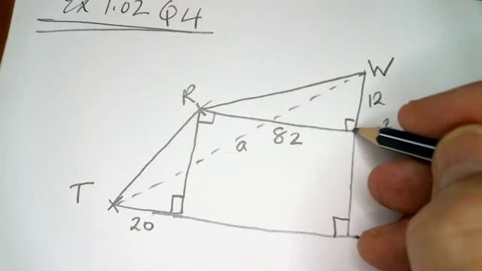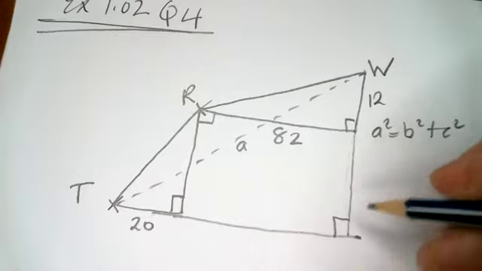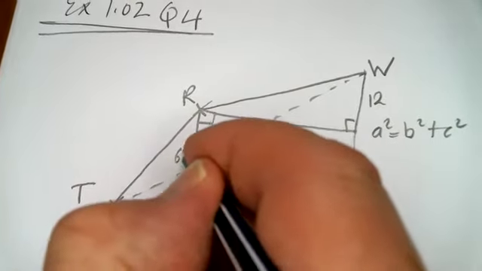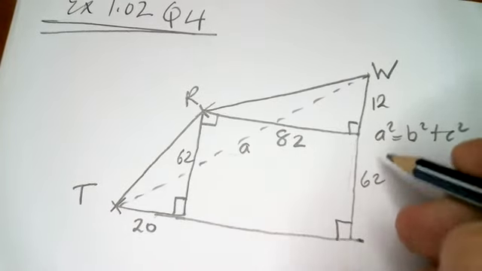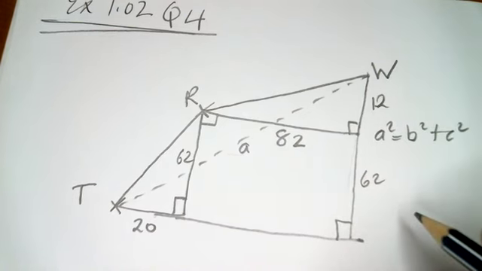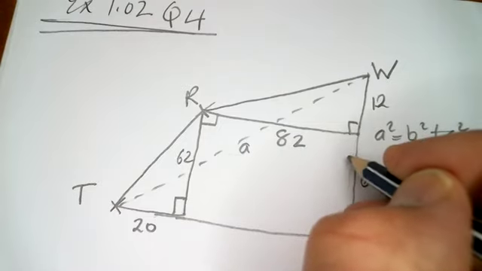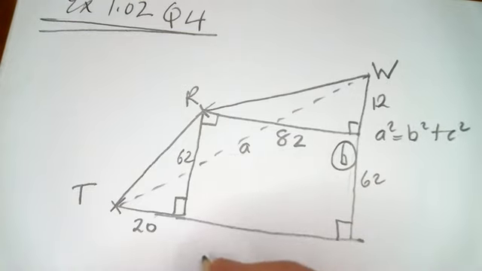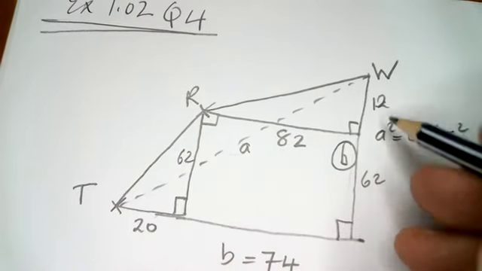We know that this distance here is 62 kilometers, because Taupo is 62 kilometers south of Rotorua. So this is 62, and the total distance here is 62 and 12, which is going to be 74. Let's call this distance B, and I'm going to write B equals 74, in other words, 12 plus 62.